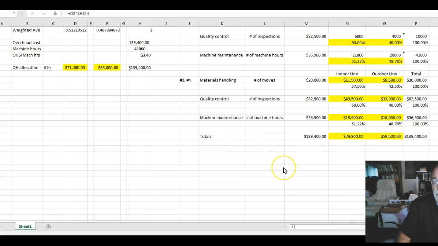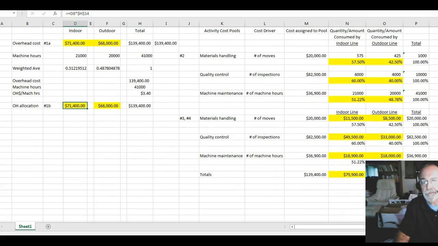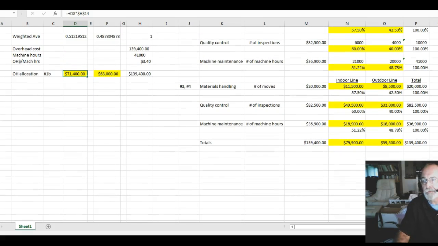It's more refined. You have a better breakdown, a more detailed breakdown of the types of activities and therefore the types of costs that are being employed in making products. And so the allocation is a more accurate reflection of the numbers of moves in the case of material handling, or inspections in the case of quality control, or machine hours in the case of machine maintenance, being utilized for each product that is being made.